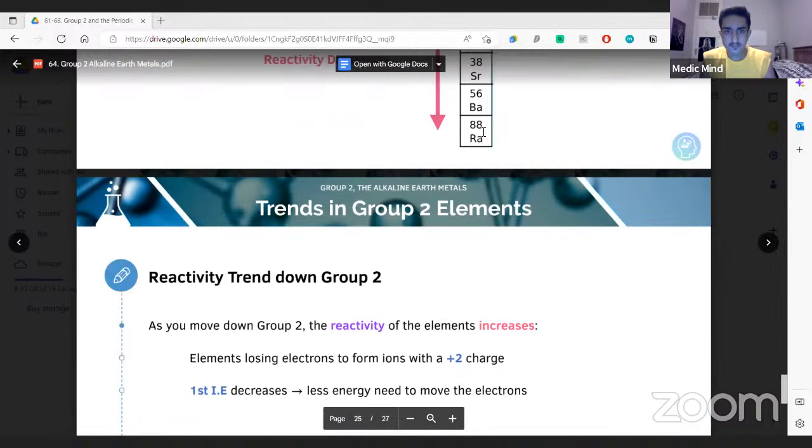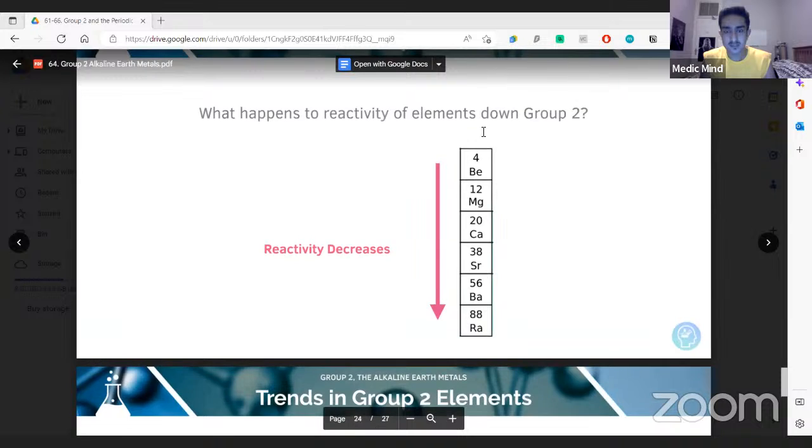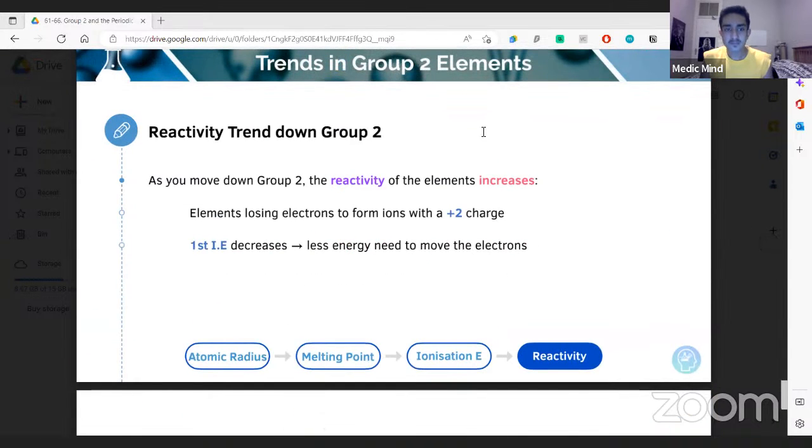Why does it increase? Well, reactivity doesn't decrease, it increases. Because remember, you need less energy to remove those electrons. So it's easier to remove the electron, which means that it's more reactive, right? If it's easier to do something, then it's more likely it's going to do it, which means that it's going to be more reactive. That's kind of the logic that I use around it.